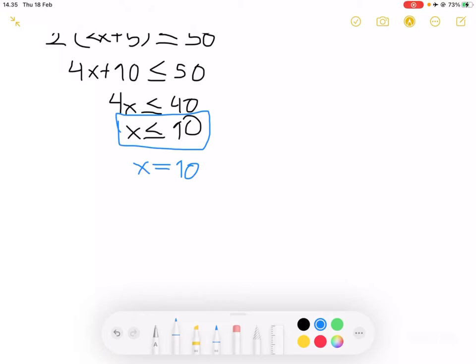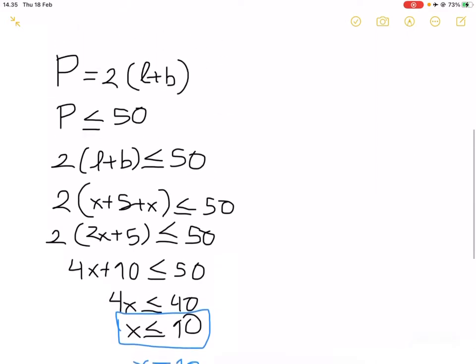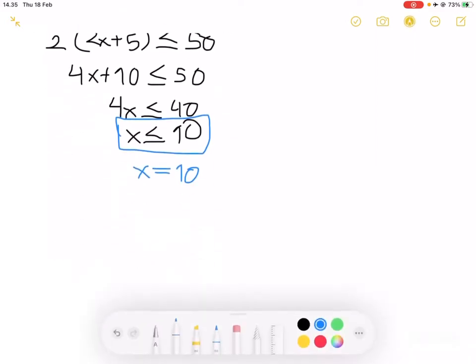So simply the maximum possible length of the breadth is 10 centimeters. So max breadth is equal to 10 centimeters.